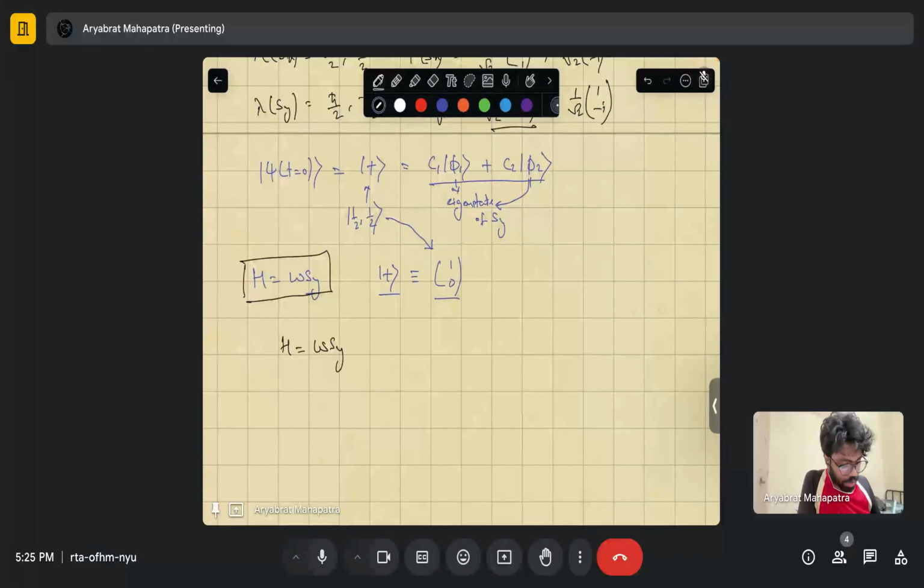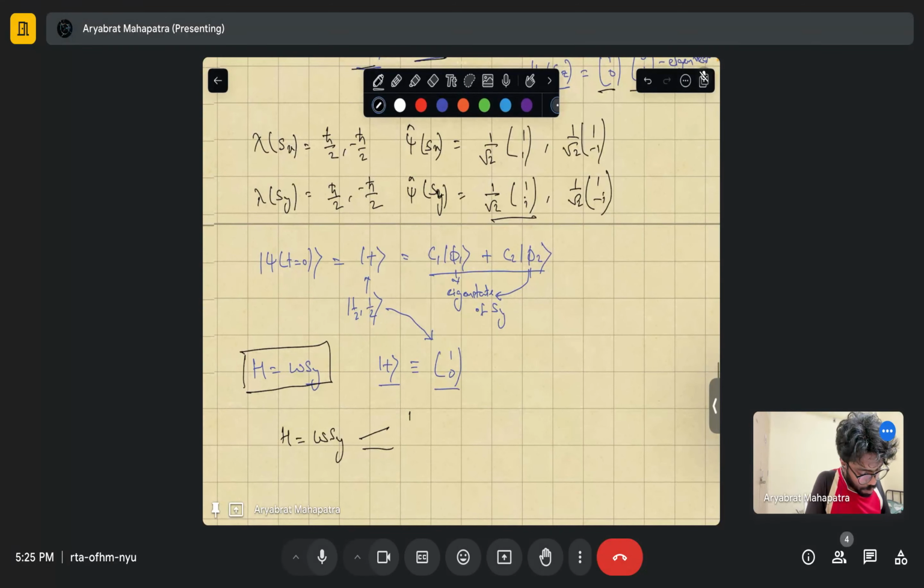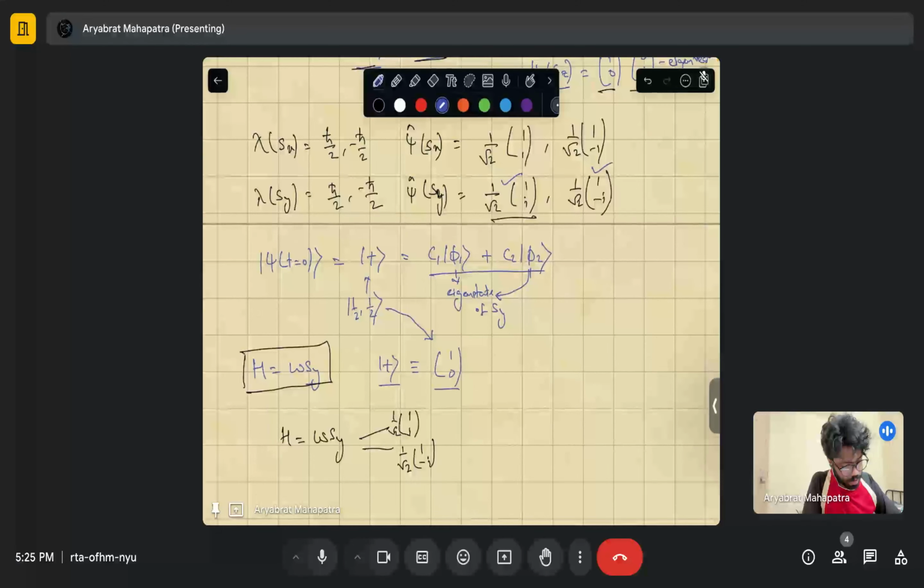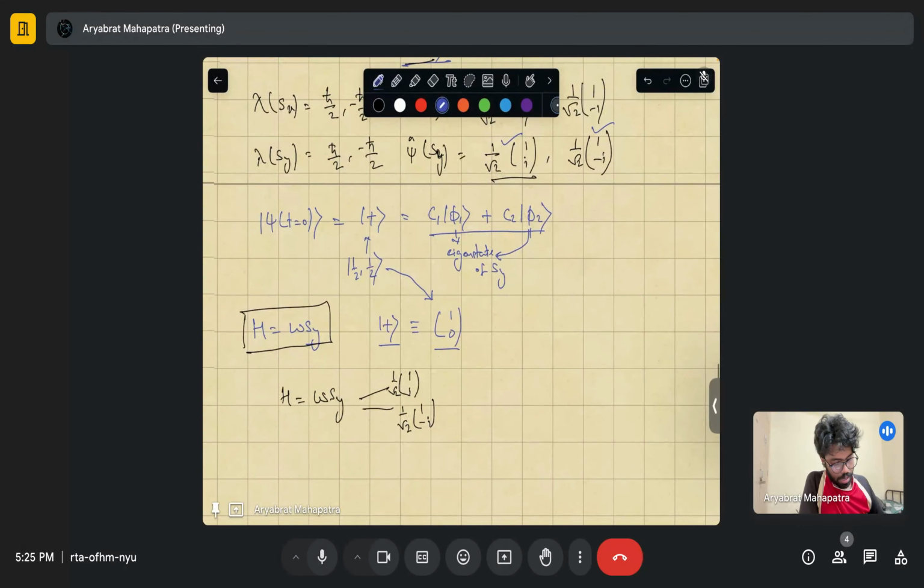So its eigenstate would be either 1 by root 2 (1, i) or 1 by root 2 (1, minus i), which I have written here. These two will be your eigenstates for the Hamiltonian given in the question. Let's say I'm denoting this one as phi 1, and this one as phi 2.